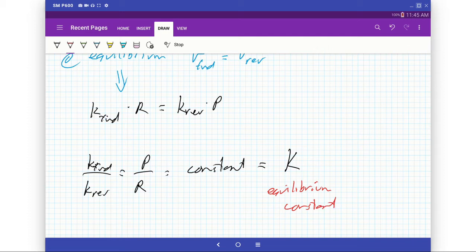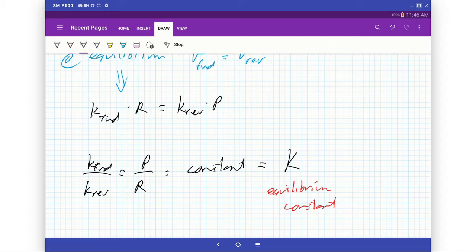So what I've just done is literally derive the equilibrium constant from kinetics. Kinetics, equilibria, thermodynamics, electrochemistry, all interrelated. Because we did kinetics first, I've just shown the link between kinetics and equilibria by rederiving the equilibrium constant.